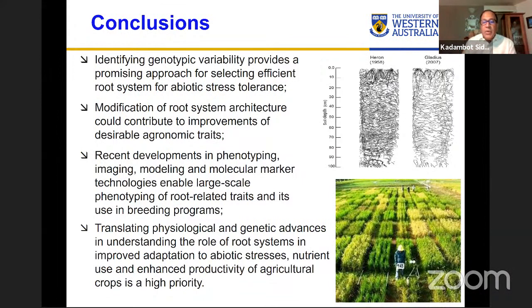And more importantly, we need to translate the physiological and genetic and even agronomic advances in understanding the role of root system in an improved adaptation to abiotic stress, particularly so when the climate change is already happening, and nutrient use, because we don't want to pump a lot of nutrients. It is costly, it's environmentally expensive, and this will lead to enhanced productivity of our crops, because we need to produce more per unit area, not expanding this.